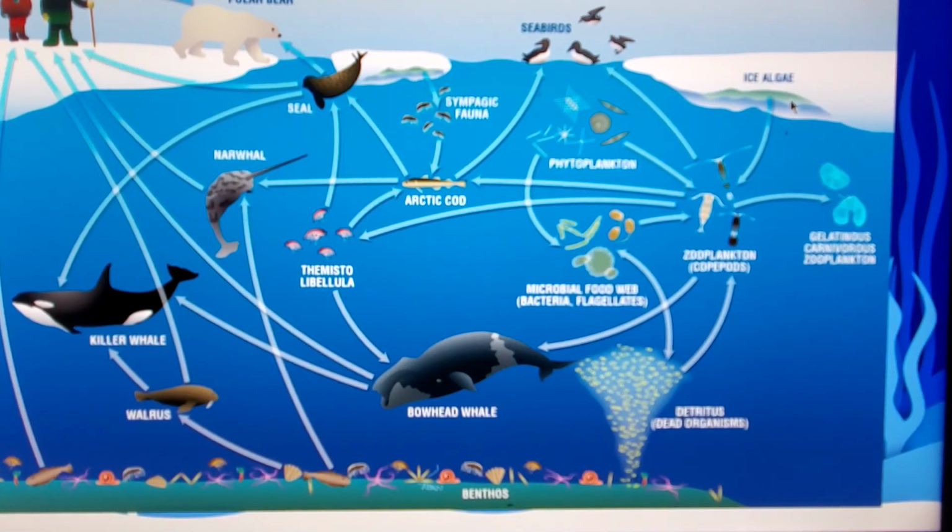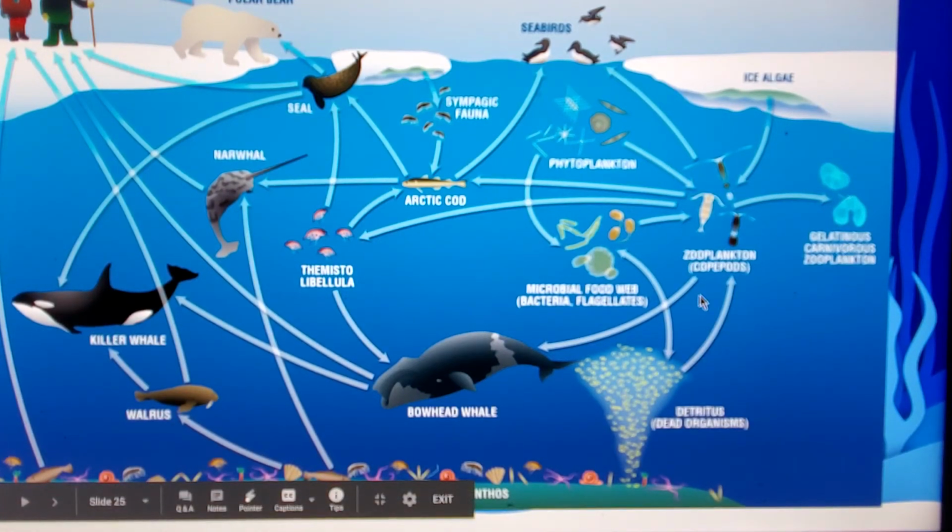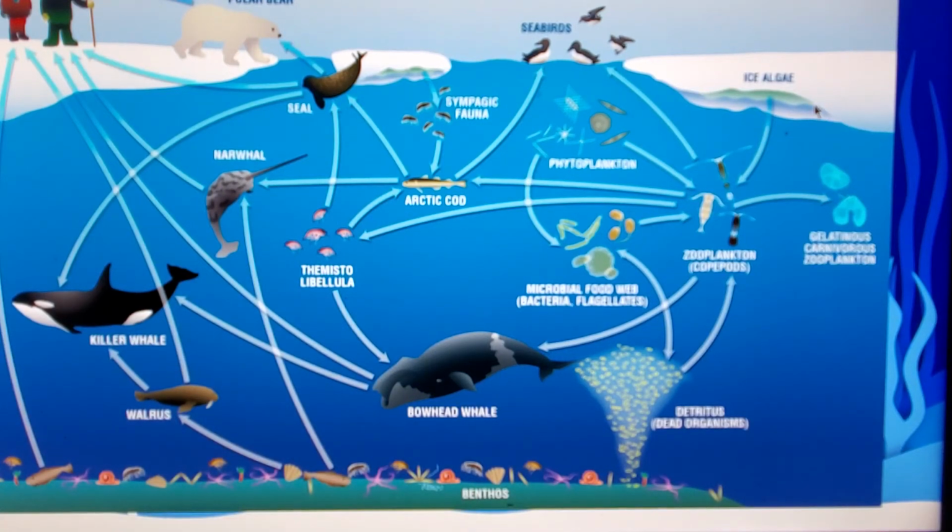That's because the only thing that a producer may take in as energy is when any of these animals die, their nutrients will help feed the algae. But there's no arrow going towards it. All the arrows move away from it. That pretty much tells you, even if you didn't know what ice algae was, hey, there's no arrow coming towards it. That means it's the producer.